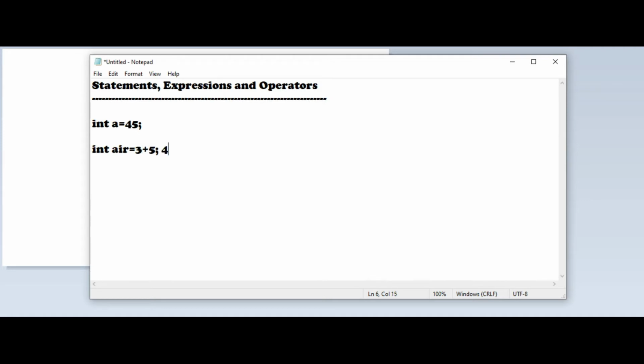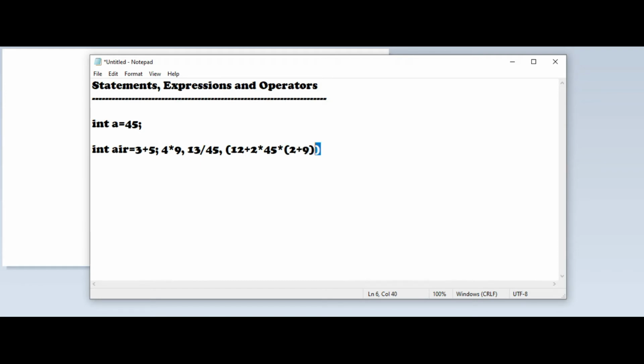Similarly, 4 into 9 is also an expression. Similarly, 13 divided by 45 is an expression. Similarly, we can have a complex expression like 12 plus 2 into 45 into 2 plus 9.